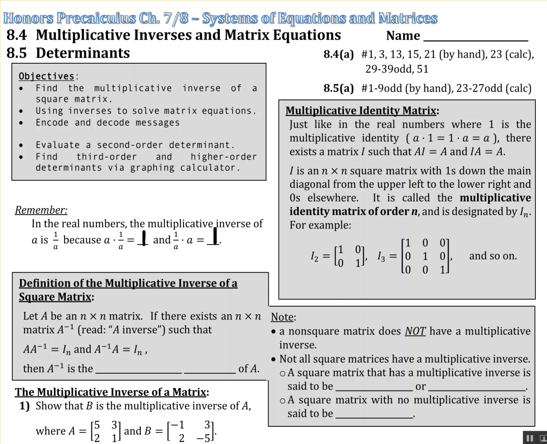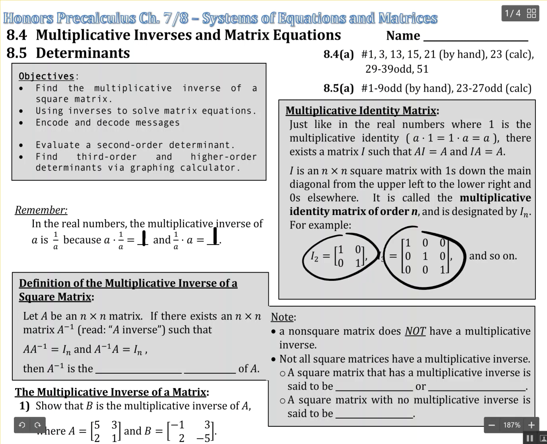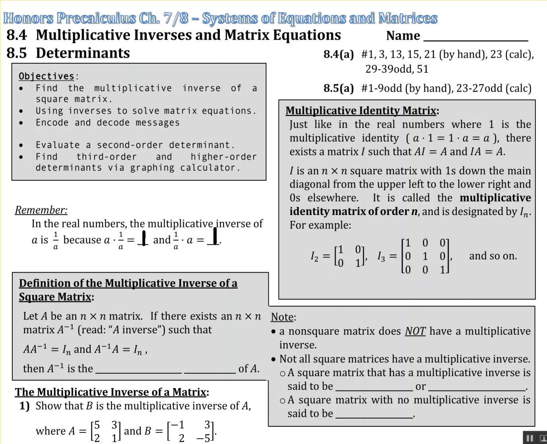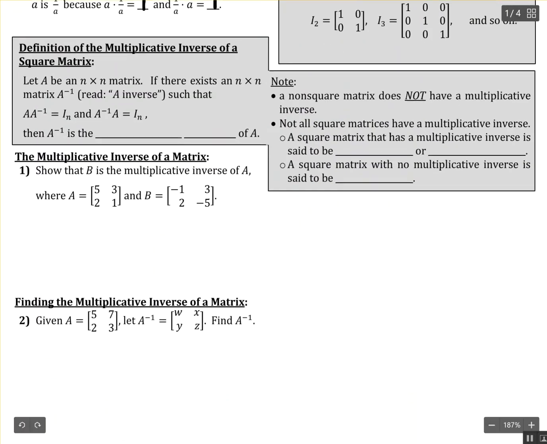The equivalent of 1 in matrices is called the identity matrix. Here's a 2 by 2, here's a 3 by 3. They've got ones down the diagonal and zeros everywhere else. They have to be square. It's not an identity matrix if it's not square, so you have to have the same number of rows and columns.